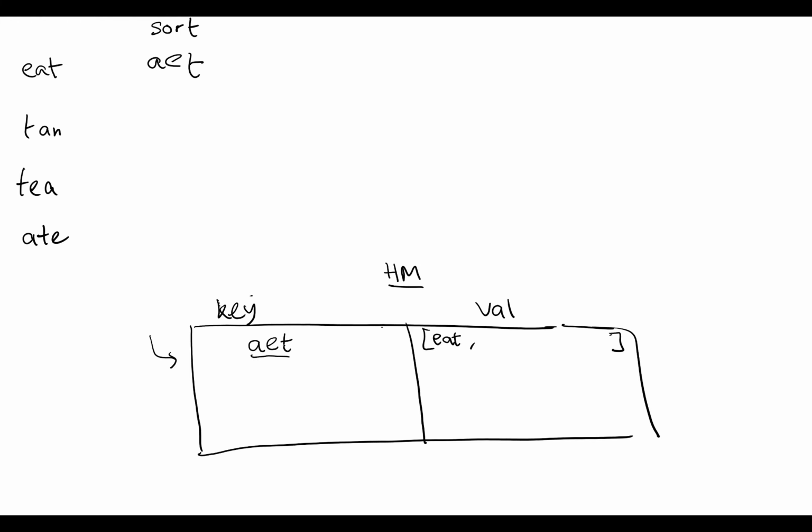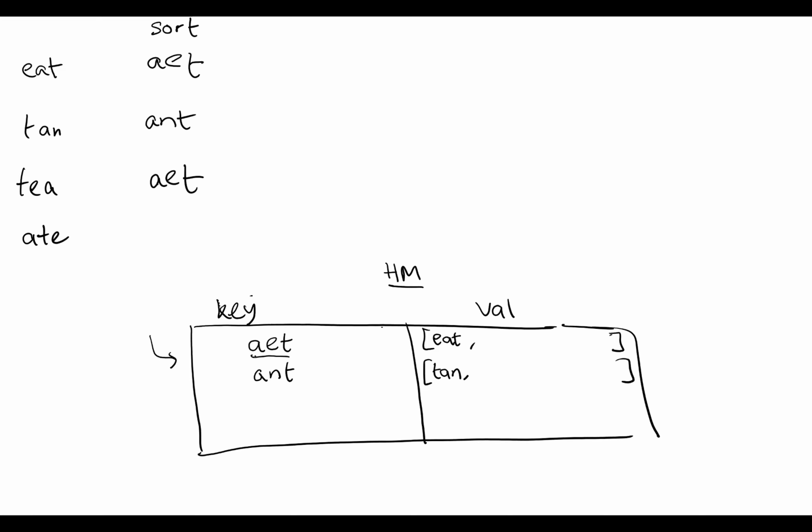These letters. Okay, next for tan, if we sort the letters, it will be ANT. So ANT is not still here. So we put the pattern ANT and start a list and say TAN is a word which actually has this pattern. Then we sort the letters for tea, it is AET again. And as you can see, we already have AET. So that means tea goes here, right?